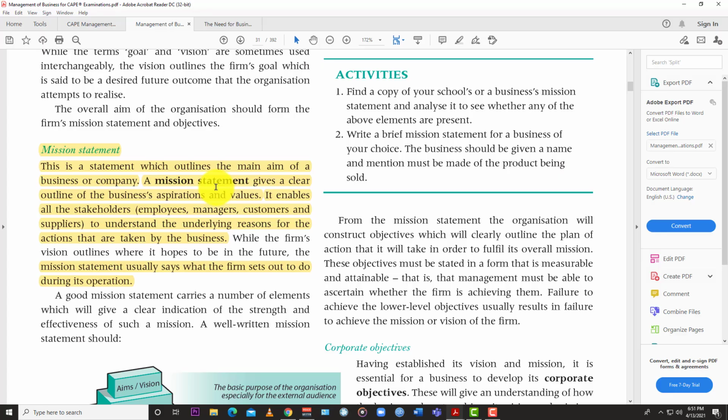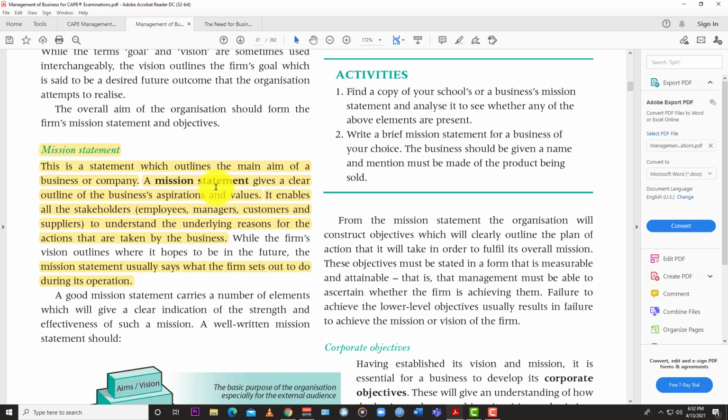A mission statement can give a clear outline of the business's aspirations, and a mission statement can give a clear outline of a company's values. Those are 2 reasons why it's important.